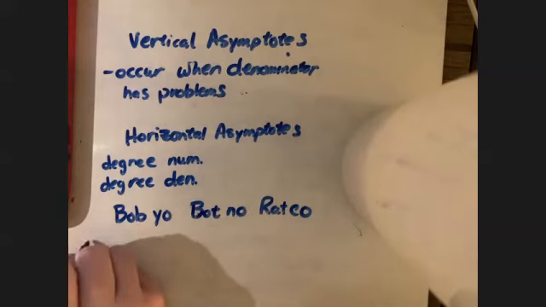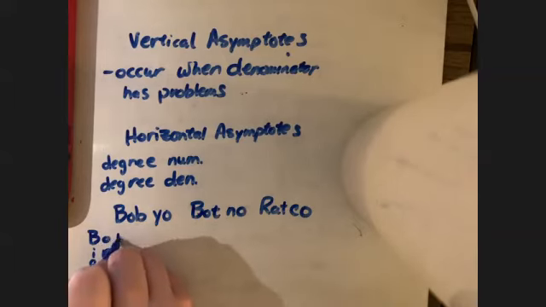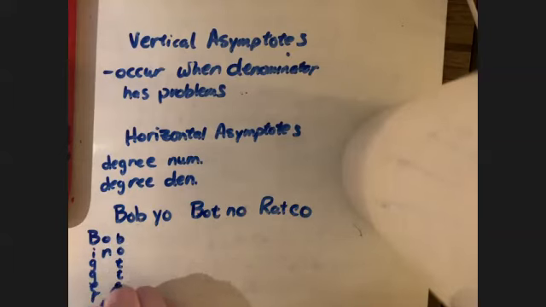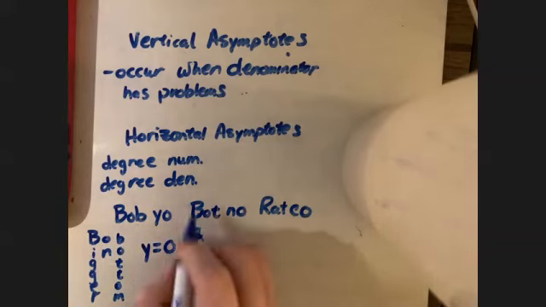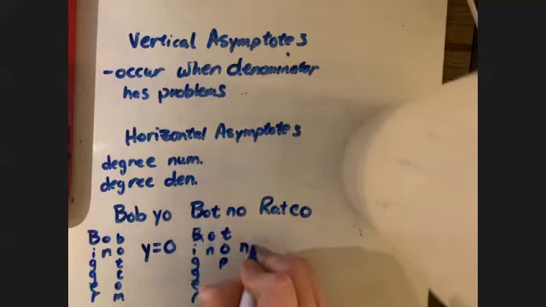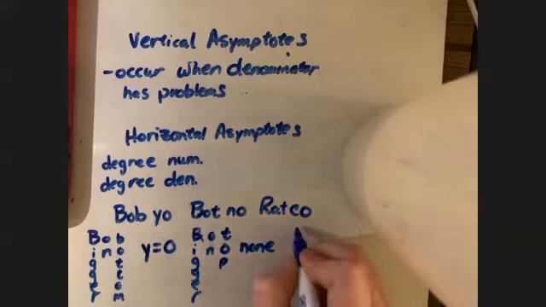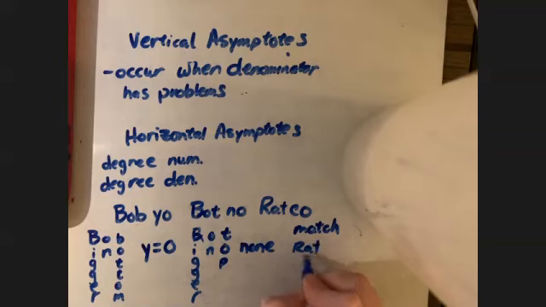Remember that if it is bigger on bottom, it is y equals 0. If we are bigger on top, there's none. And if the degrees match, then it is the ratio of the coefficients.